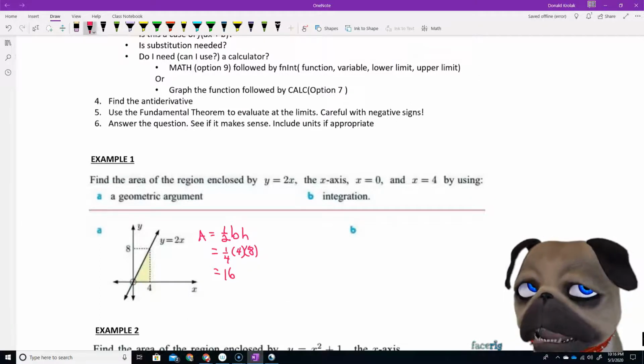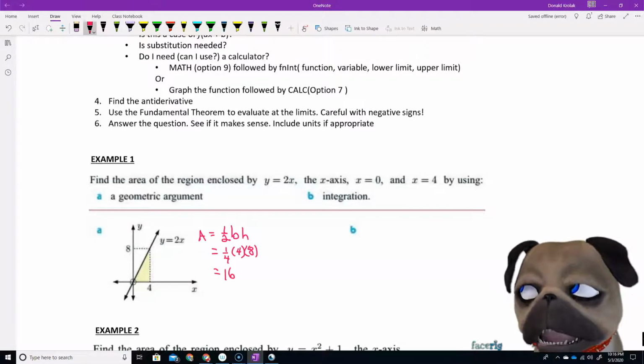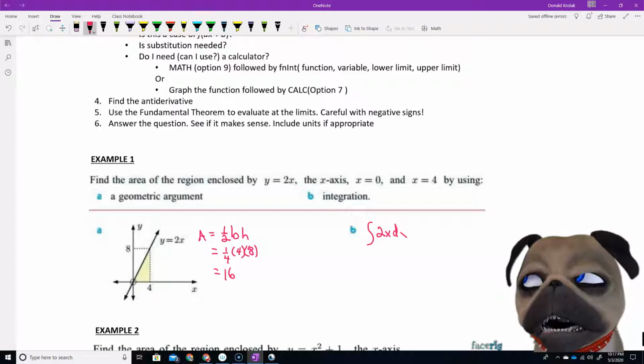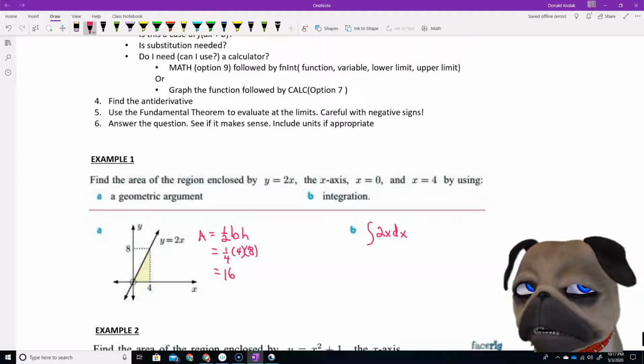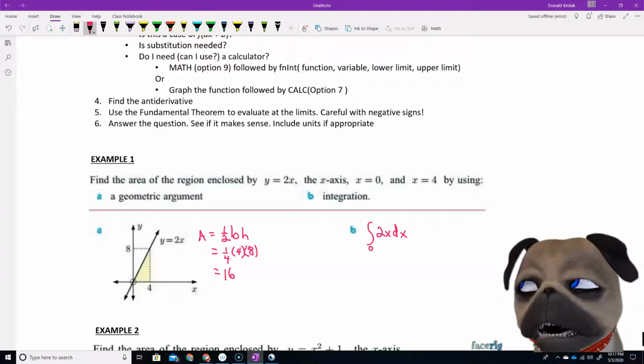Essentially that's what integration is, except the rectangles are infinitely small. So if I wanted to do this exact same problem using integration, I want to find the integral of 2x: the area bounded on the top by the equation 2x, on the bottom by the x-axis, on the left by x equals 0, and on the right by 4.